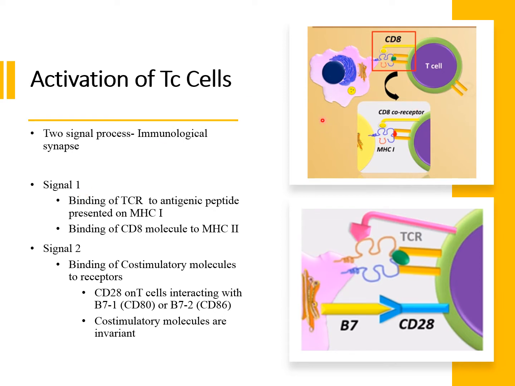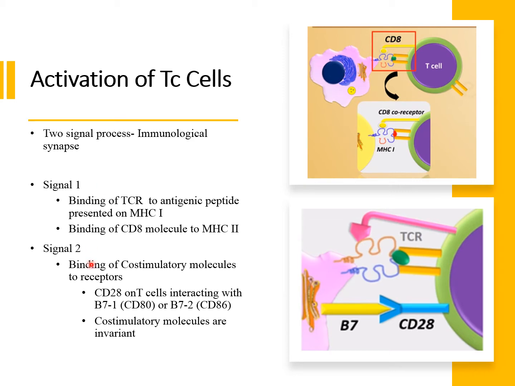So in the first signal, the antigen presenting cell presents the antigen on the surface of MHC class 1 molecule, which is recognized by the T cell receptor present on the cytotoxic T cell, and simultaneously the binding of co-receptors, in this case CD8, which binds to the alpha 3 domain of the MHC class 1 molecule. Binding of both these molecules results in providing the first signal for activation of T cytotoxic cell.